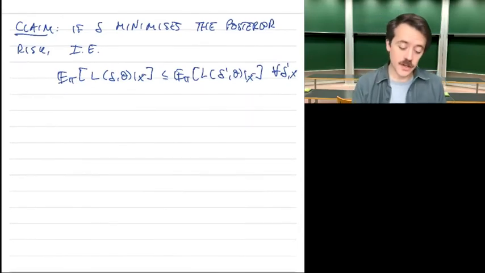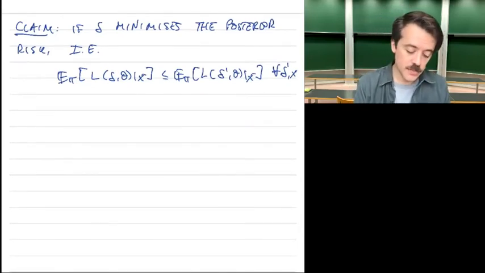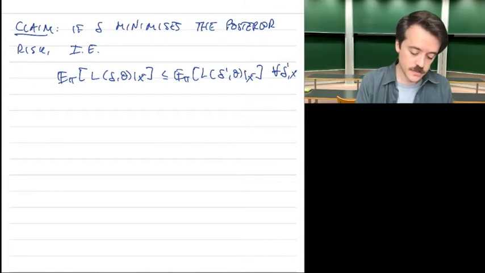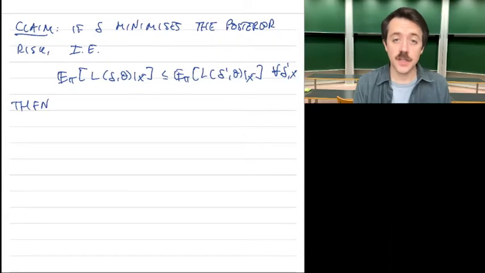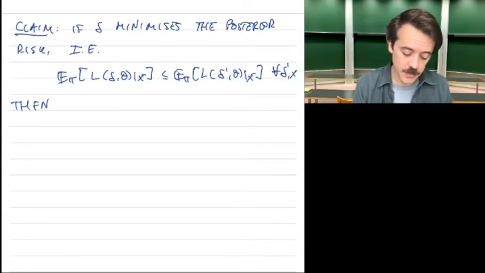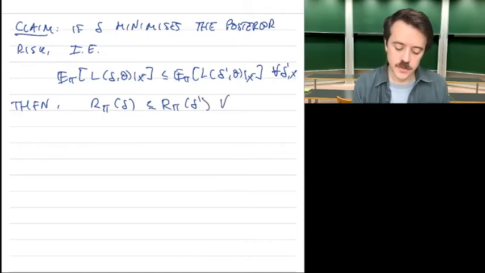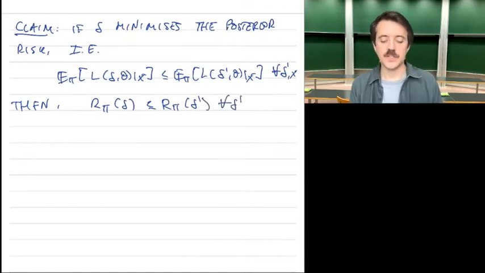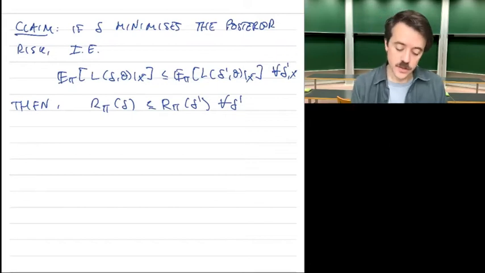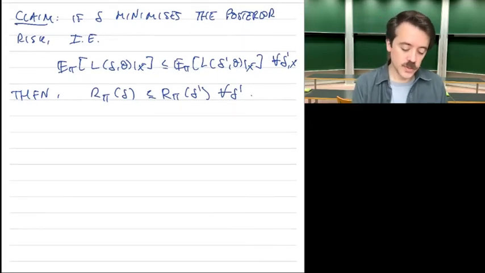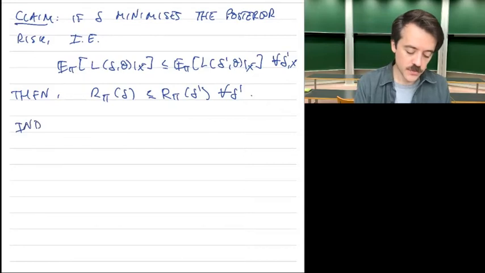Then the claim is that the Bayes risk is actually going to be minimized by this delta. It may not be the only one, but it is a minimizer. Okay, so how do we show this? Well, the argument is very simple.